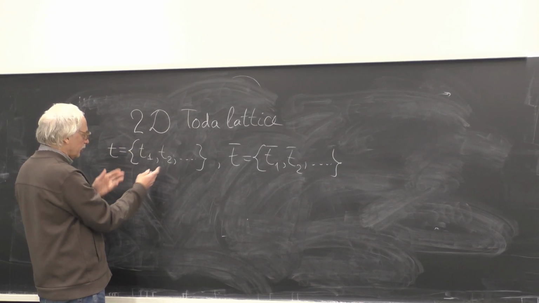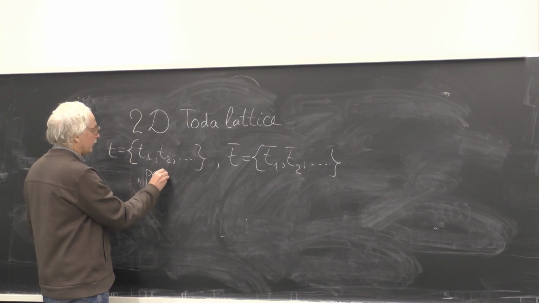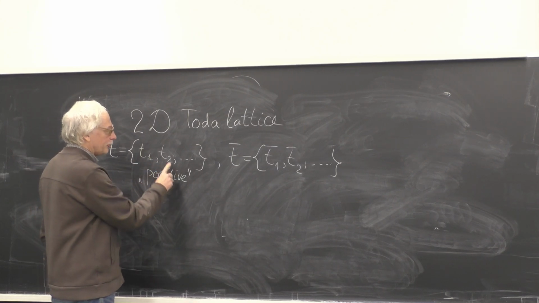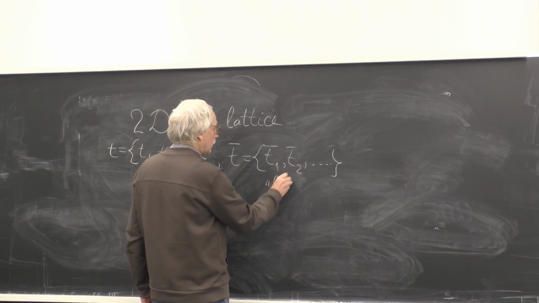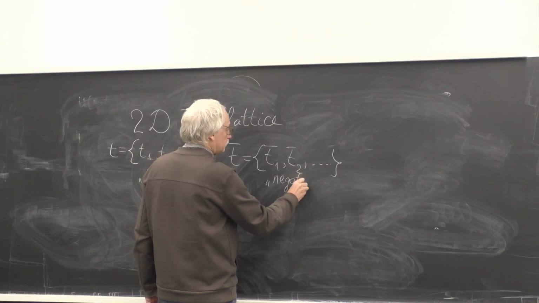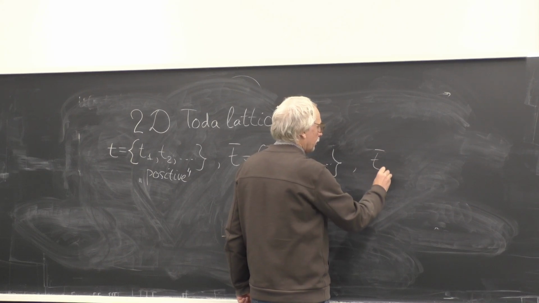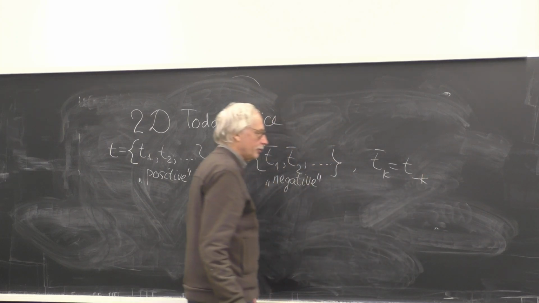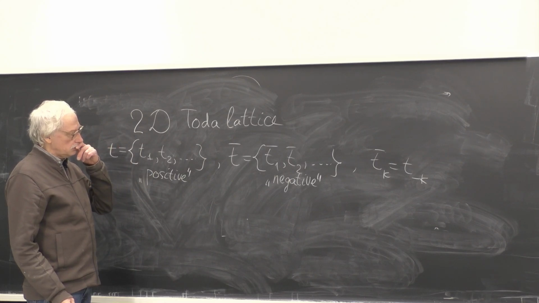This set of times is sometimes called positive times, because the index is positive. And this is called negative times, because sometimes they are denoted as T with index minus k.